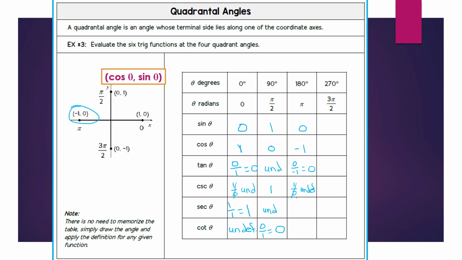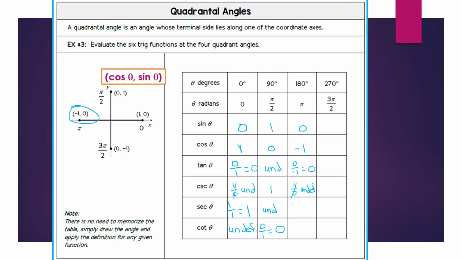So you don't say that you're equal to that. And you know, for the most part, it probably won't matter for most of us, but if you plan to go on in mathematics, you don't want to develop a habit of writing equals undefined, because that will be a problem. All right, secant is going to be the reciprocal of cosine.